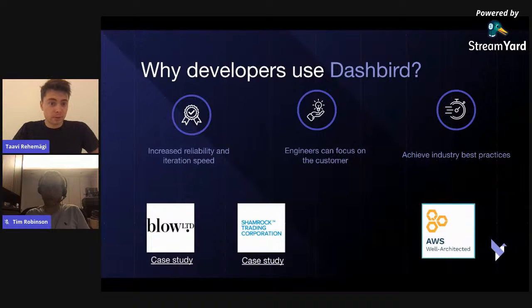For our customers and users, what they get is increased reliability and iteration speed. They go a lot faster if they have Dashbird telling them if something is wrong, and if Dashbird gives them the ability to quickly understand the ins and outs of the system. It helps during the development workflow as well. The core idea and value proposition of serverless is that you can focus on the customer and you don't need to do the undifferentiated heavy lifting.